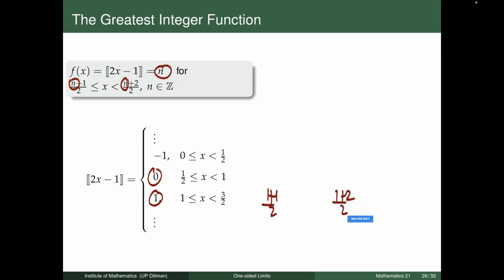So that would be 1 up to 3 halves. So ito yan. Okay. Pag n is negative 1, so magiging negative 1 plus 1 over 2, negative 1 plus 2 over 2. So this becomes 0 and this becomes 1 half. Okay, so ganun yung nangyayari. So mag-a-assign ka ng value ng n para makuha mo yung interval for x.